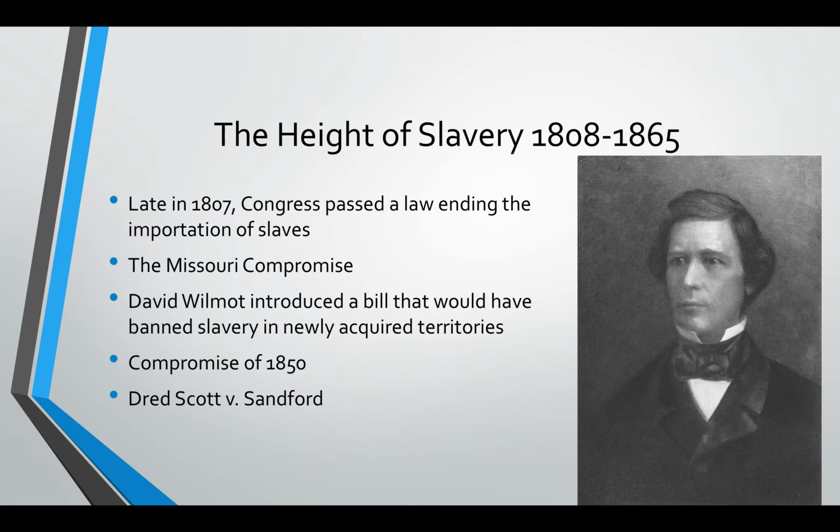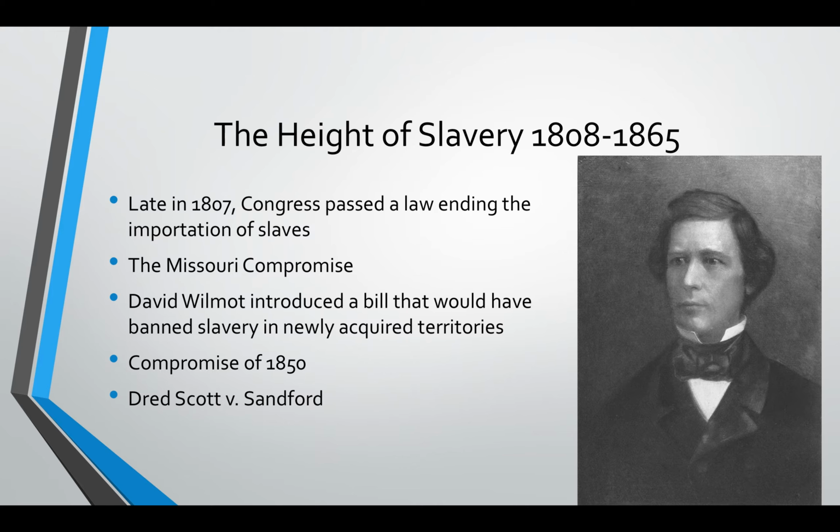Abolitionists in the North became more vocal about their opposition to the containment strategy. David Wilmot, a Democratic representative from Pennsylvania, introduced a bill that would ban slavery in recently acquired territories. He made the argument that slave labor suppressed the wages of white labor.